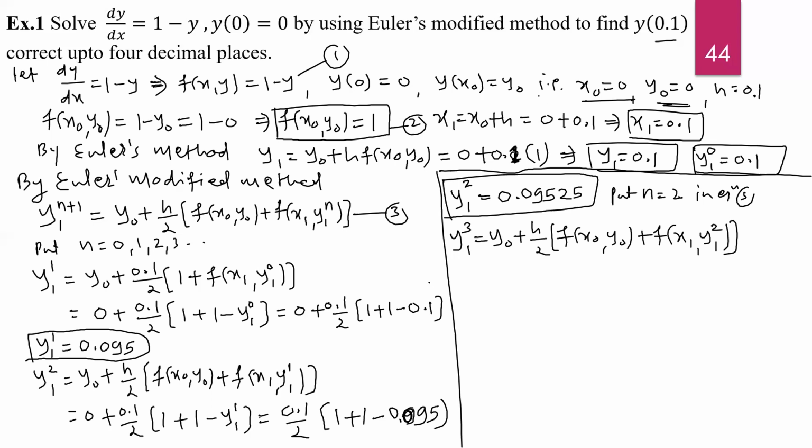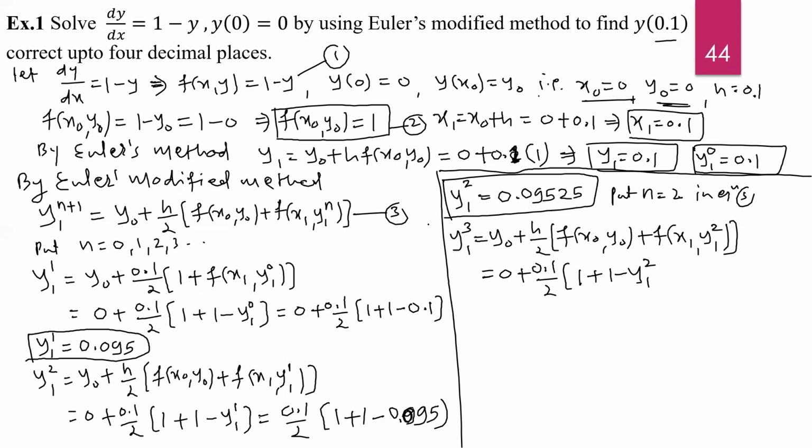Now put all the values. The y naught is 0 plus 0.1 divided by 2. The value of this function at x naught, y naught is 1, and its value is 1 minus y1 raised to 2.